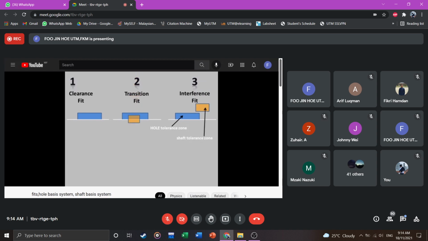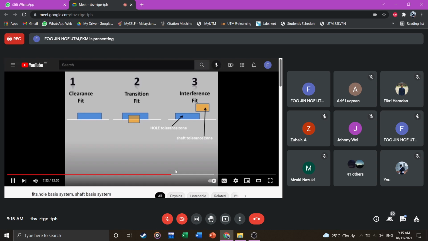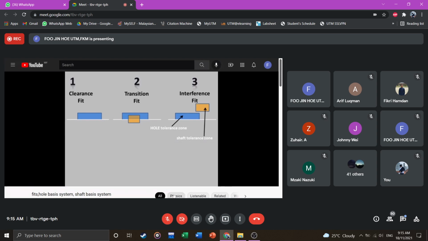In transition fit, hole tolerance zone and shaft tolerance zone must overlap to ensure the possibilities of both clearance fit and interference fit as shown in figure. And in clearance fit, lower limit of hole must be greater than the upper limit of shaft.